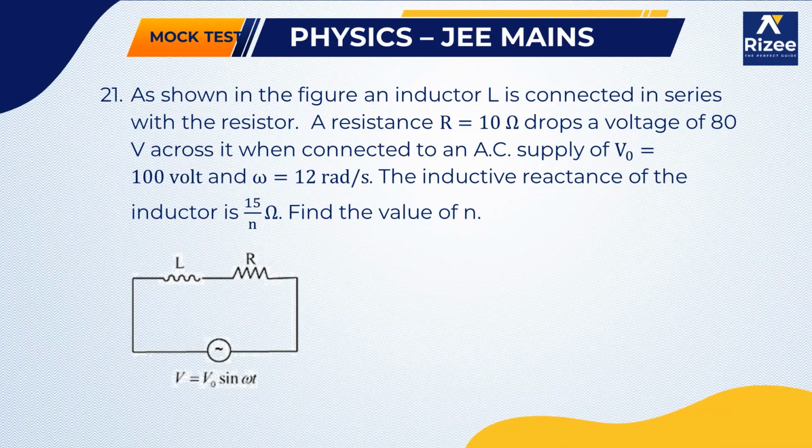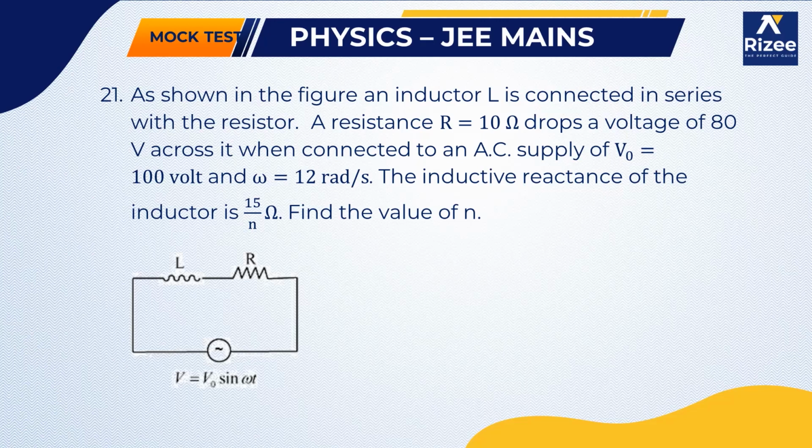Next, coming to question number 21. As shown in the figure, an inductor L is connected in series with a resistor, and the resistance R is equal to 10 ohms.